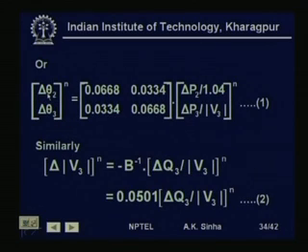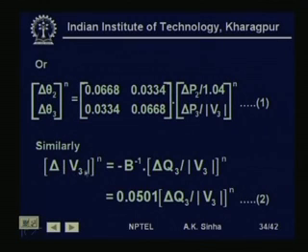Or we can write delta theta2, delta theta3 at nth iteration. This is the value of B inverse. So, this into this will give me the value of this.